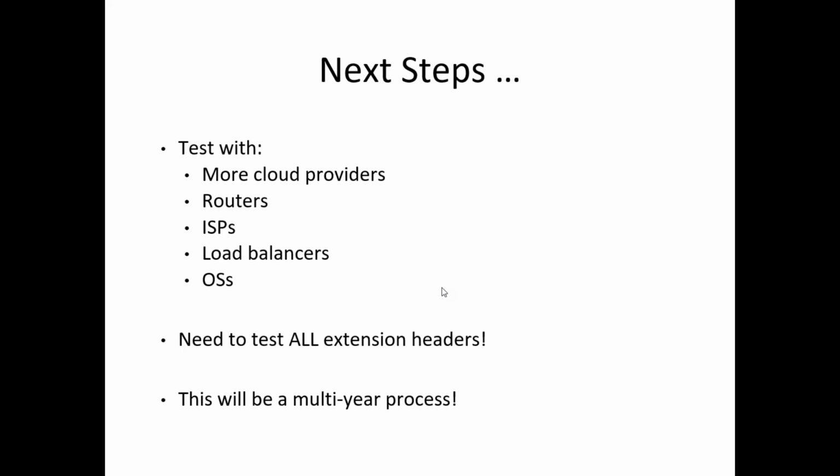For example, if you have a Linux OS, or if you're doing a PadN, which is a certain kind of extension header that is not formatted correctly, the OS itself will drop it, as it should. But certain routers will drop certain extension headers themselves. So we didn't know if it would be inside the OS itself, whether it would be in a transit network somewhere along the way, or where it would be.